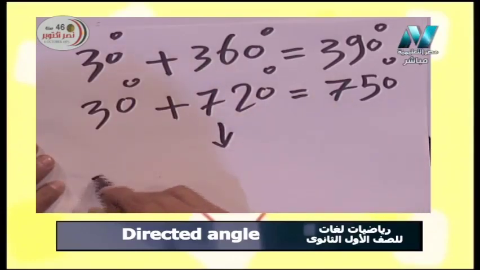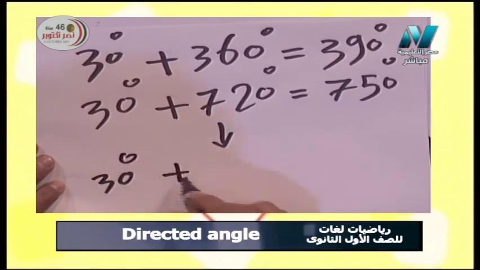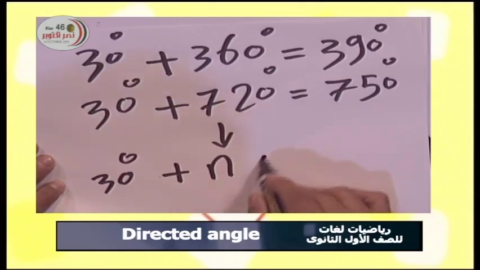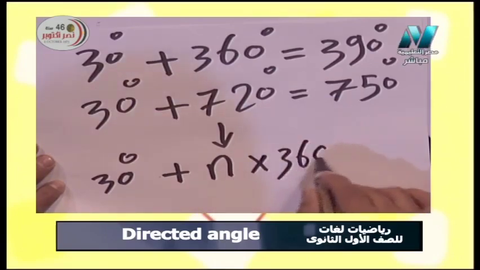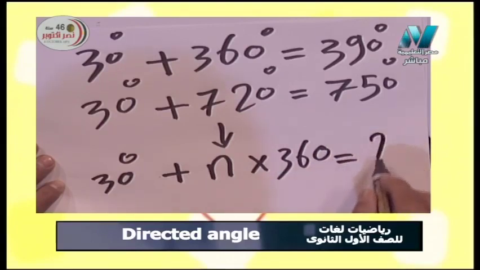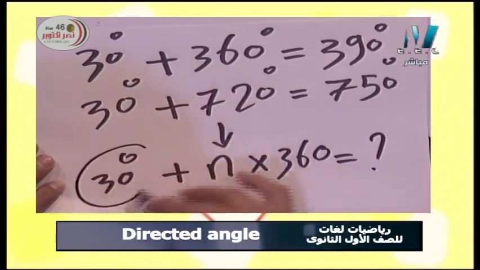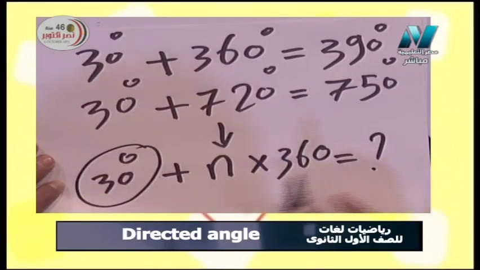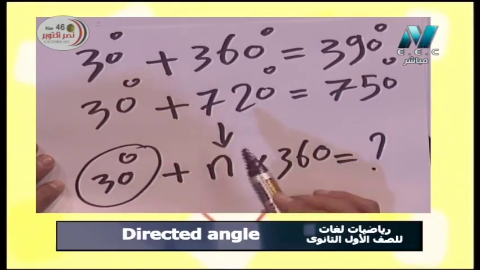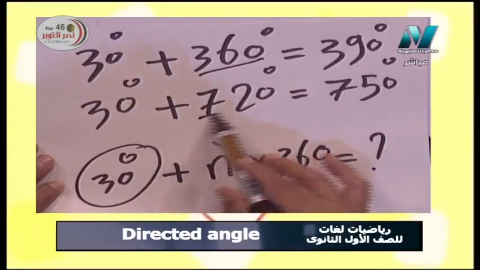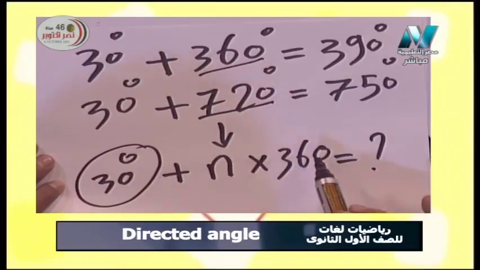So 30 plus any number of rounds, which we call n, multiplied by 360, gives an angle equivalent to the 30-degree angle. To find the positive equivalent angles, we add 360, 720, or 3 times 360, or 4 times 360, and so on.